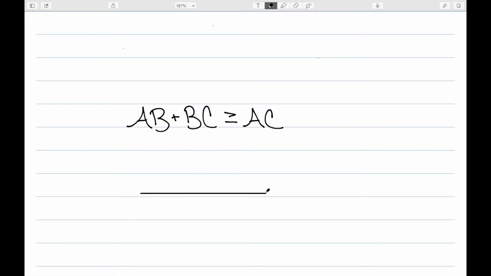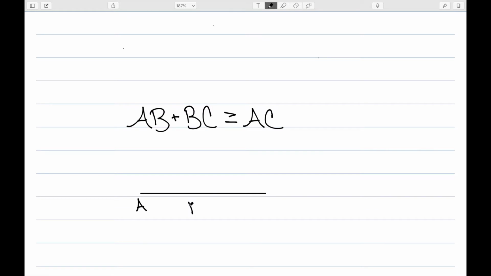While I will not prove it directly, this then gives me the triangle inequality: the distance between A and B plus the distance between B and C is greater than or equal to the distance between A and C. And this equality case comes only when I'm talking about a straight line.